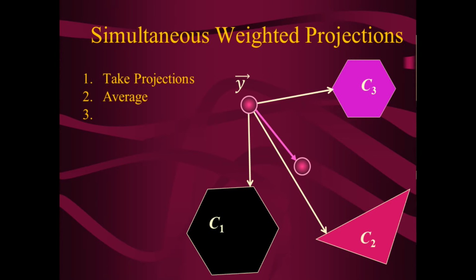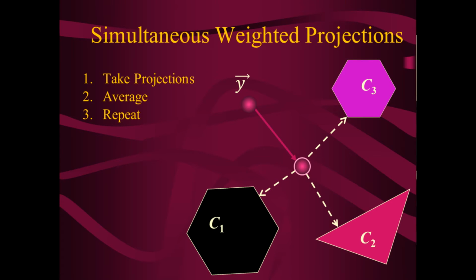Well, that's nice, but what good does that do? Well, it turns out that we can now repeat that process. We can take the new average and we can generate the projection to the three convex sets, and then we can take the average of those three projections.